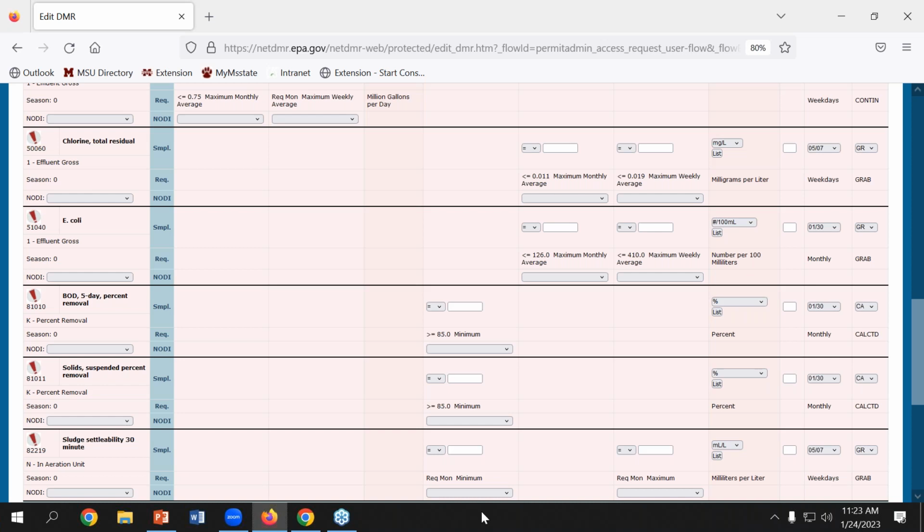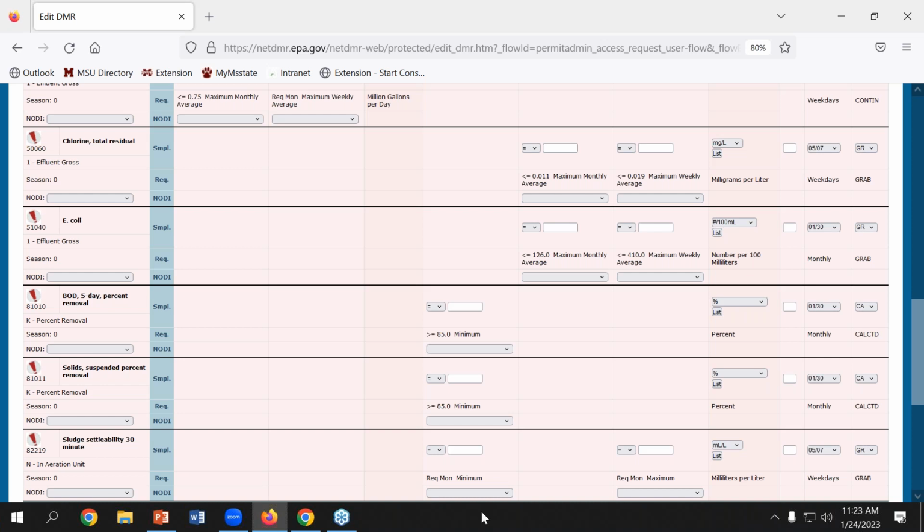Moving down to the next two requirements, they're monthly: percent removal of BOD, percent removal of total suspended solids. In a nutshell, percent removal measures how efficiently this facility is operating.